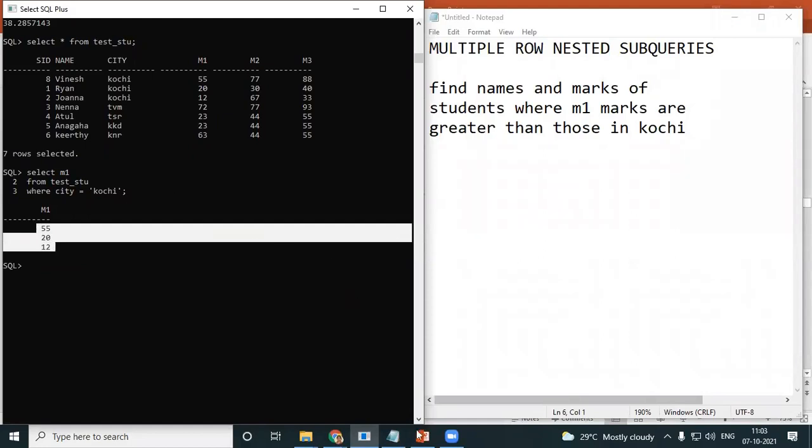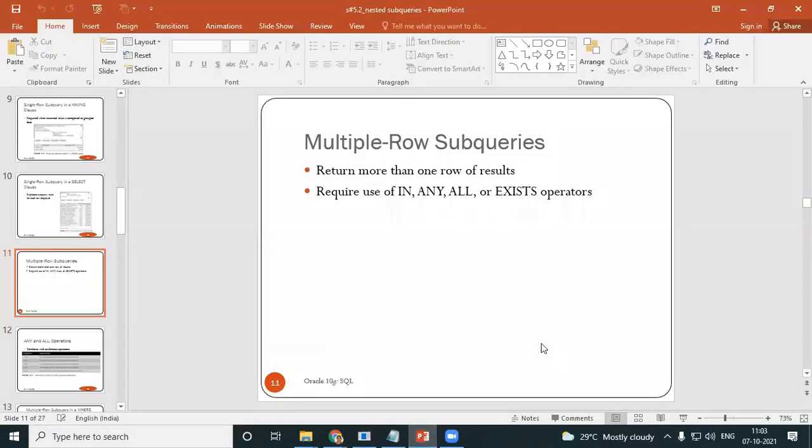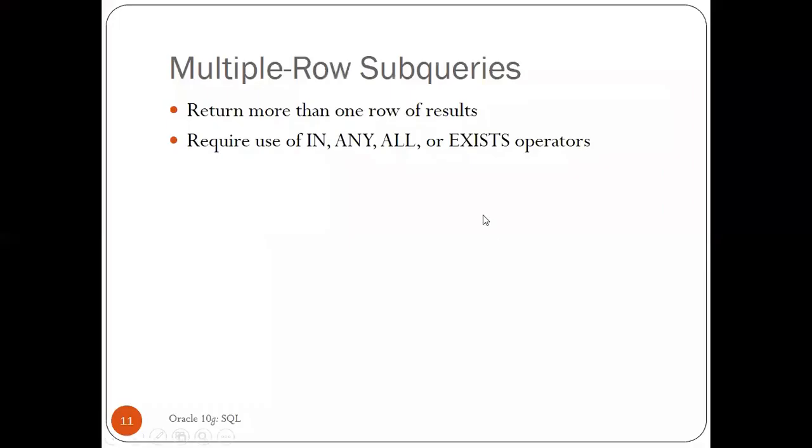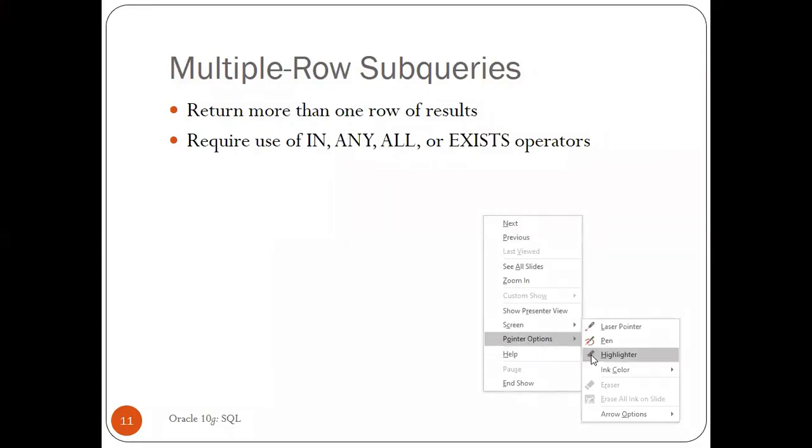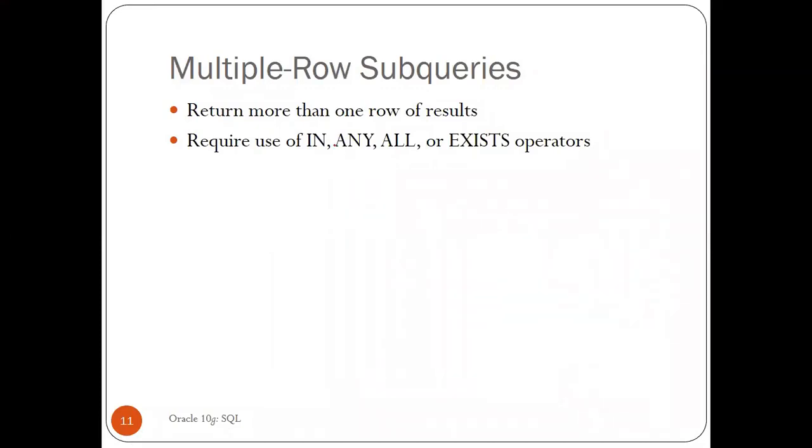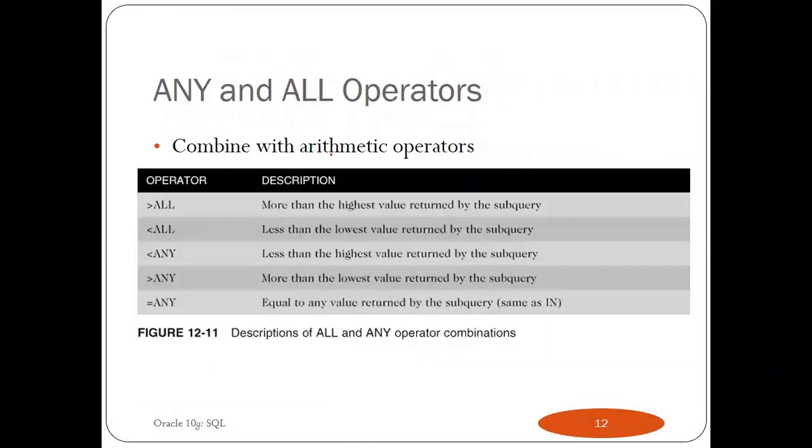So that is why in multiple row subqueries, you have keywords called ANY and ALL. Let's learn about these keywords. These ANY and ALL operators combine with your arithmetic operators. So please note it down.